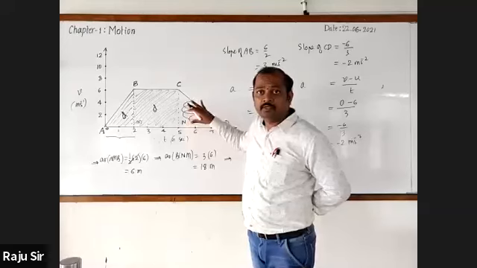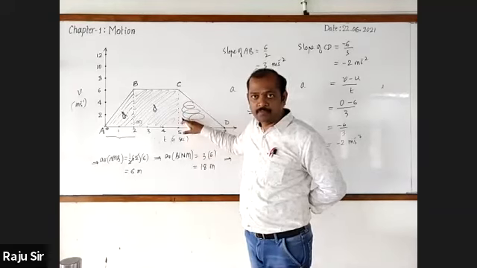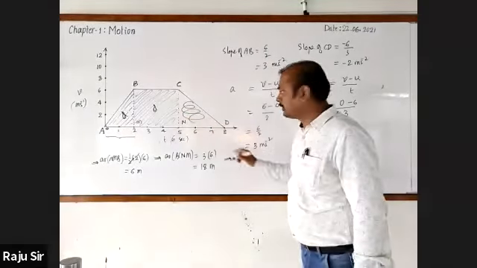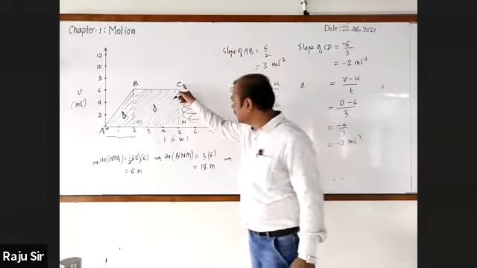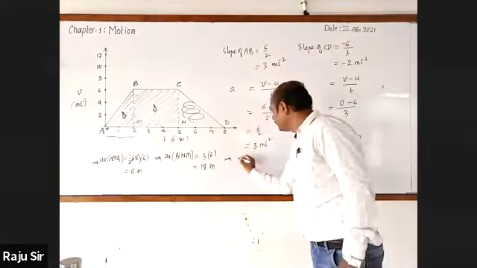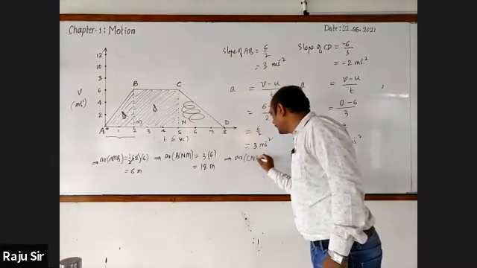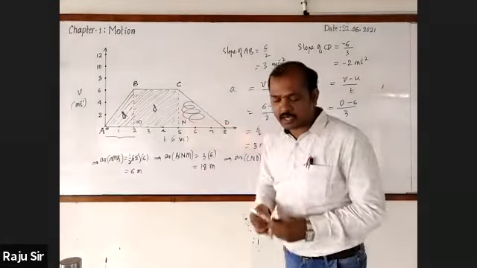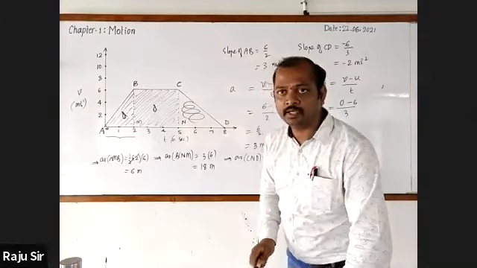I have to find out the distance traveled by the body. Distance traveled by the body is nothing but the area of CND. Area of triangle CND is half into base into height.